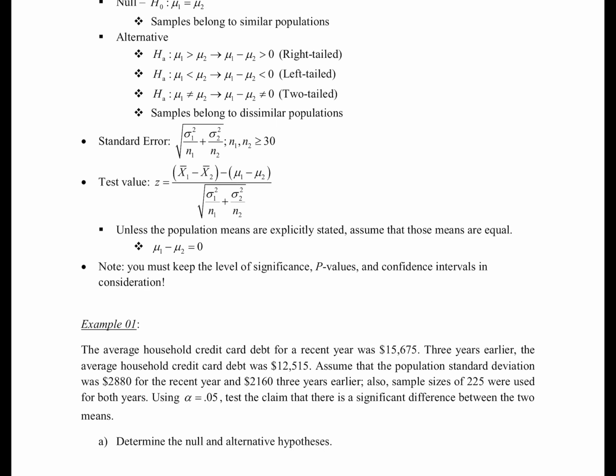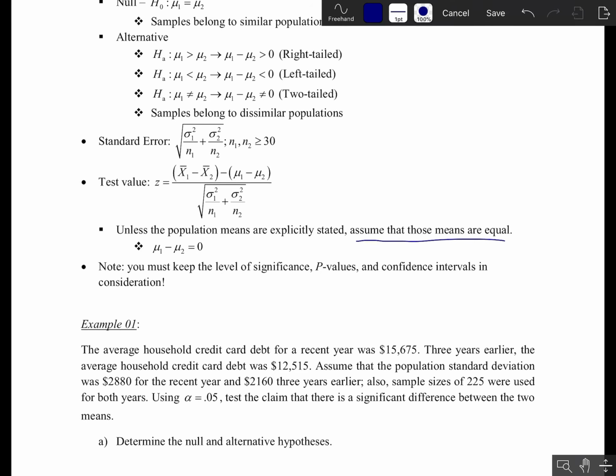Let me point out, before we start the example, that if the population means are not known, which is usually what's going to happen, then we should just assume for our null hypothesis that those means are equal. So we're going to assume that mu1 minus mu2 is equal to 0, or in other words, mu1 is equal to mu2. This is basically always going to be the case, because if we knew the population means, then we wouldn't have to be taking this sort of sample.